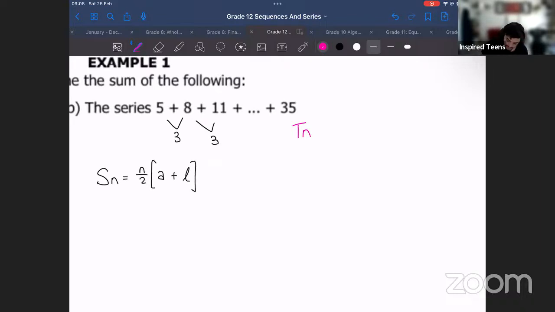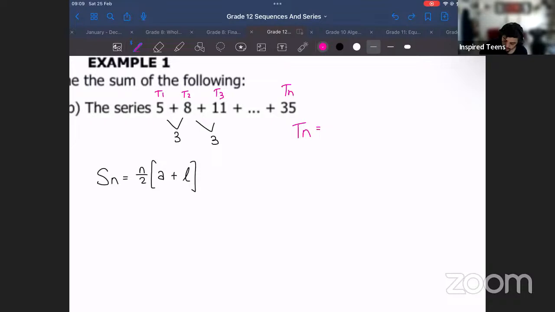However, remember we said T1, T2, T3. So if this was just the pattern till T3, the n for the last term is the amount of terms there are in the sequence, always. So whatever the n is for the term 35 is going to be the answer. That's going to tell us how many terms we have in this pattern.